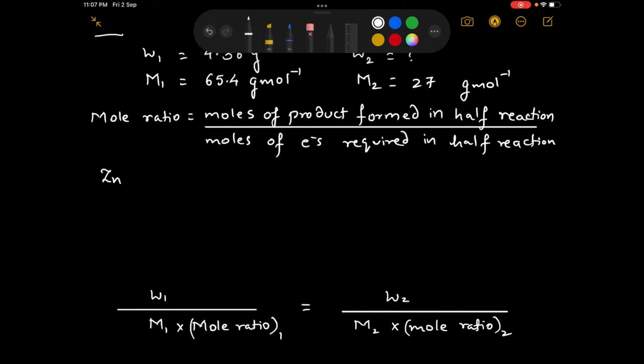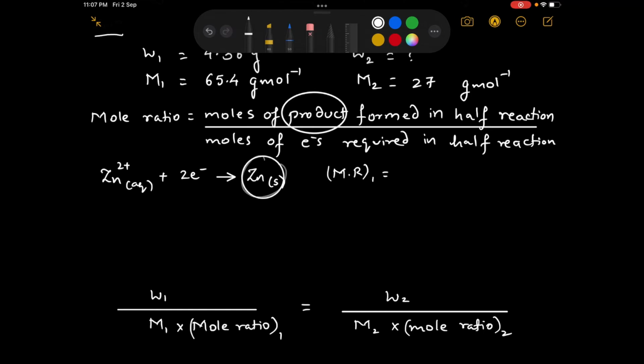So let's write down for zinc: Zn2+ aqueous accepts 2 electrons and gets converted to Zn solid. The mole ratio for 1 would be equal to moles of product formed. Product is zinc and zinc is 1 mole here, upon the moles of electrons required. The number of electrons required are 2. So it will be divided by 2.